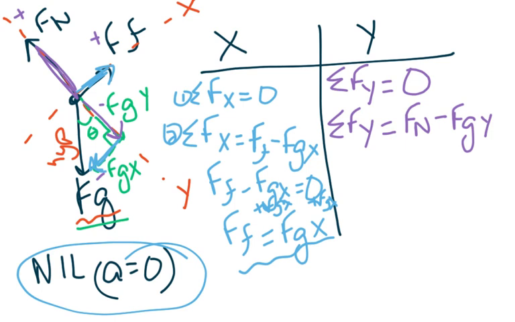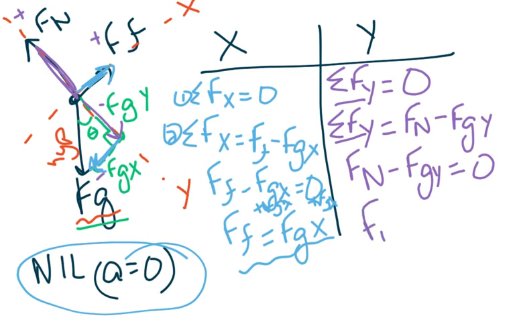Here, that was my positive, and that was my negative. So I can set that equal to the first equation, because these are the same expression. I can add that vertical component to both sides, and I find that my normal force is equal to that vertical component of gravity.